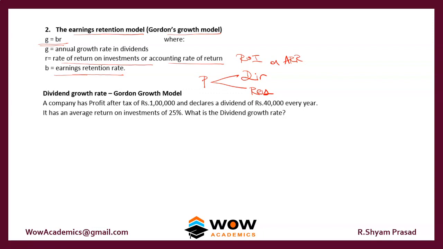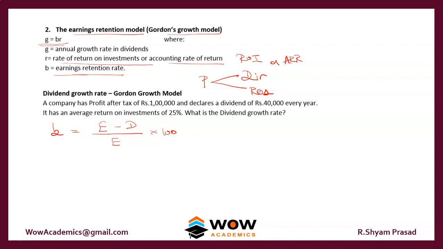So we can refer to B like this: B equals earnings minus dividend, divided by earnings. Earnings minus dividend is what is being retained. So this is the reserve part. Into 100. If you do this, you will get the B.